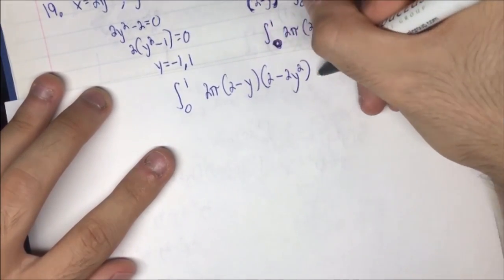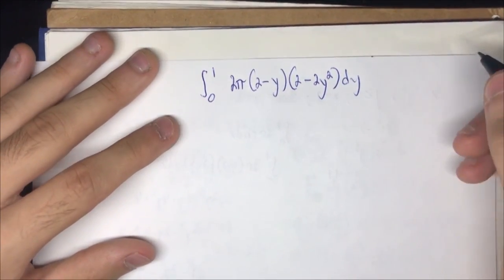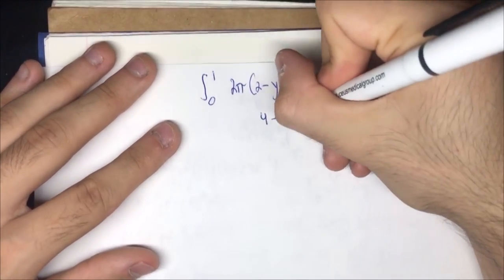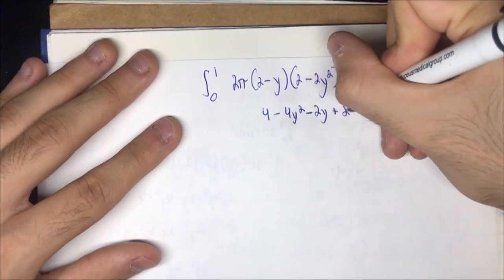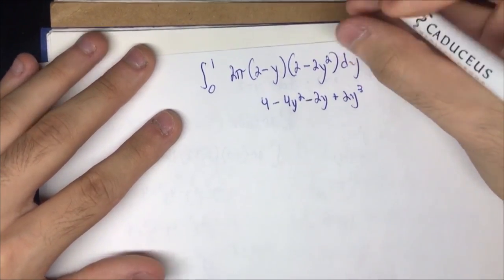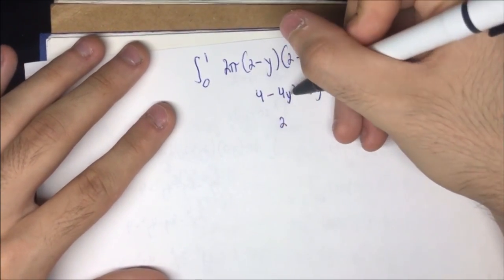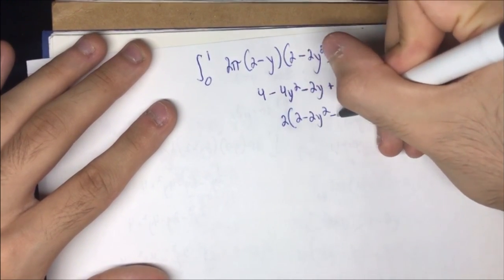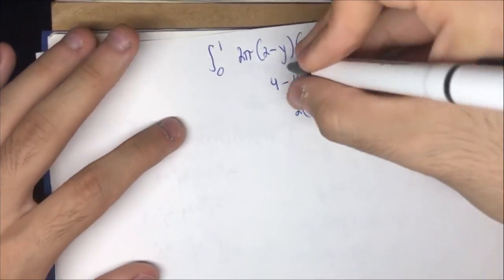All right, 2y squared dy. So now I'm going to distribute. You'd get 4 minus 4y squared minus 2y plus 2y cubed. And then we can take out a 2 because they all have a 2 in common, so let's do that. 2 minus 2y squared minus y plus y cubed dy.